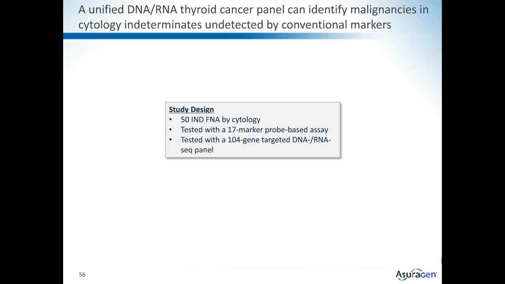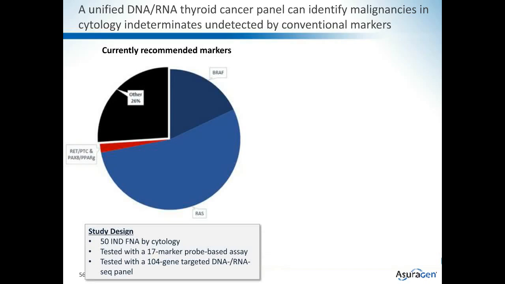So these are samples that had not given any type of clear indication of cancer. And many of these patients, in fact, end up going on to surgery. We tested them with a 17-marker probe-based assay that represents very well-established markers by the American Thyroid Association, conventional markers in DNA and RNA. What we observed from this cohort of 50 different indeterminates is that we could call about 75% of the malignant samples.